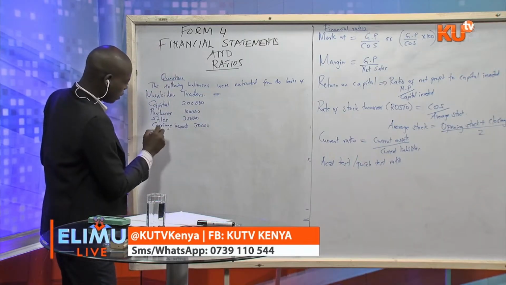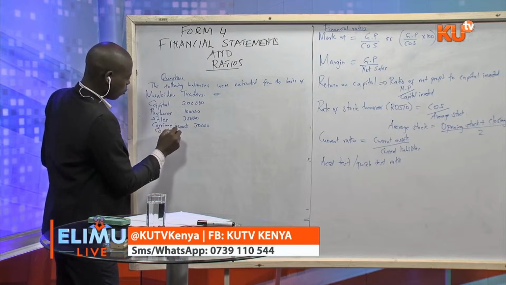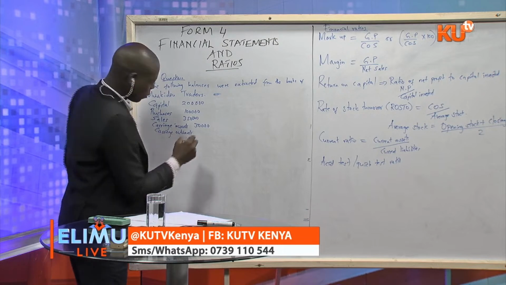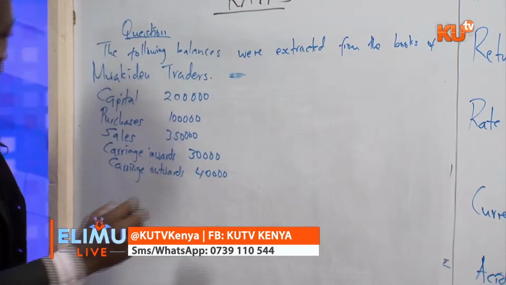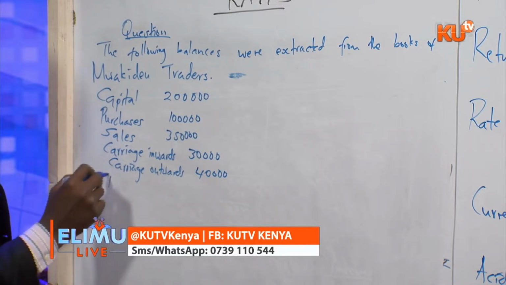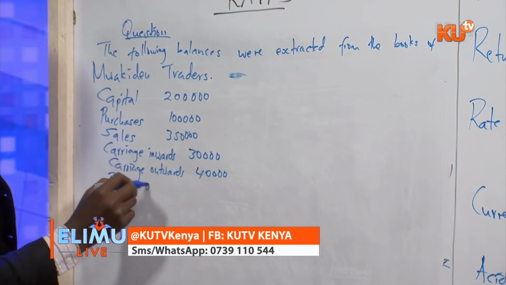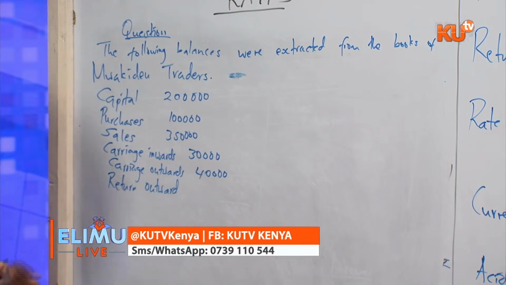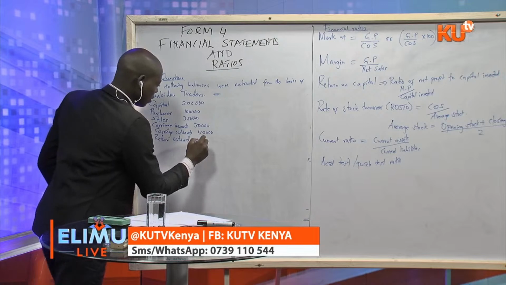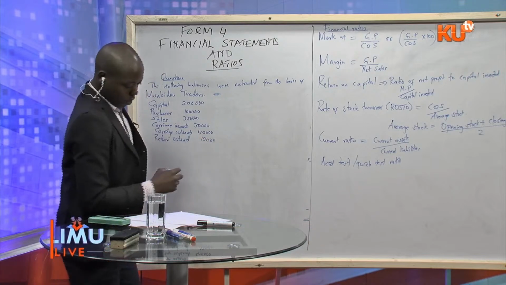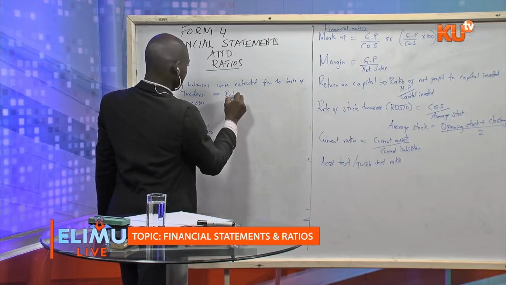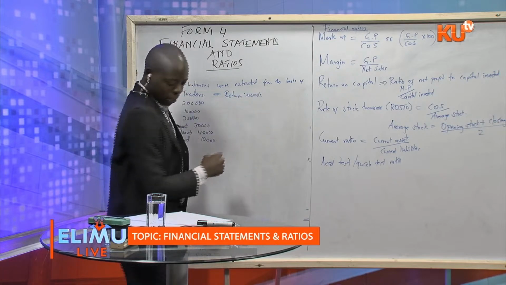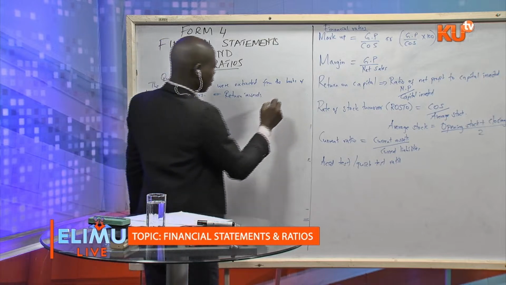We have carriage outward given as 40,000. We have return outward. Remember we say return outward means purchases returns, and that's given as 10,000. We have return inwards given as 20,000.